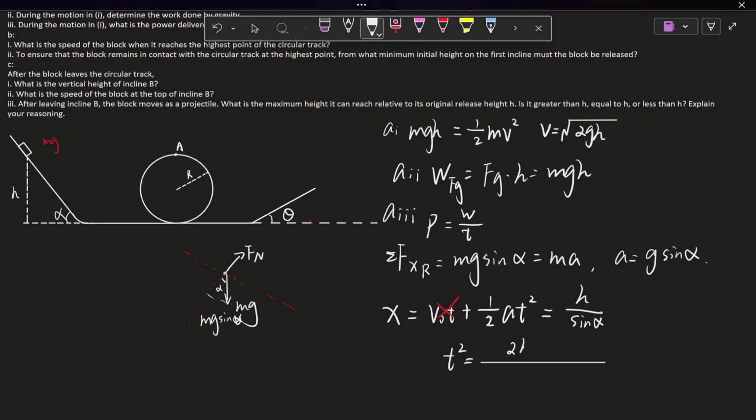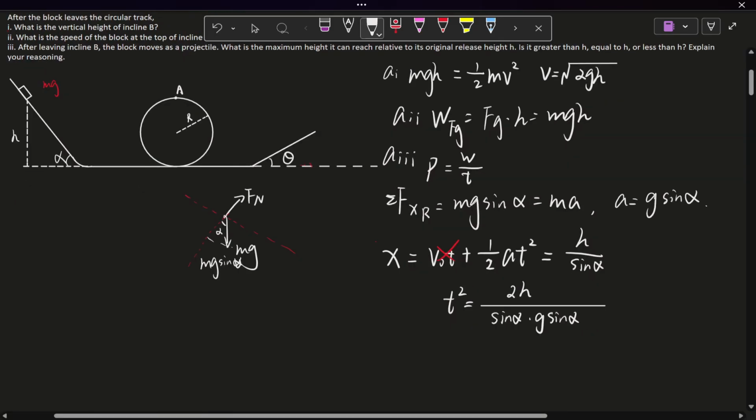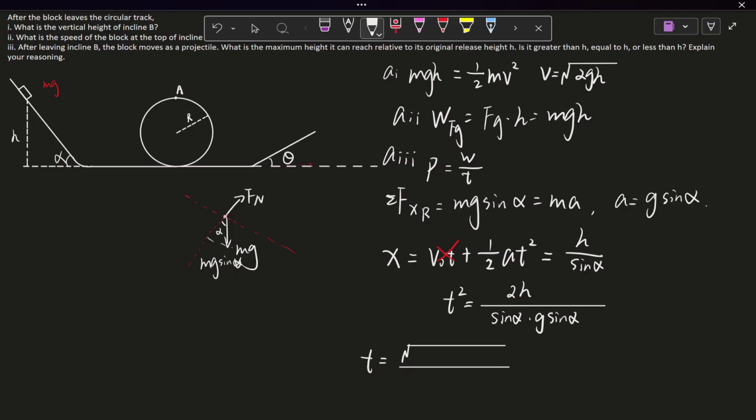2h sine alpha times g sine alpha. After we take the square root, we will get t is actually equal to the square root of 2h over g, over sine alpha.